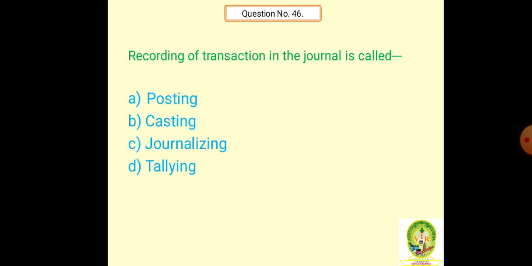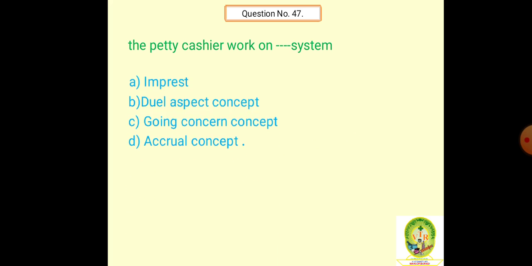Recording of transaction in the journal is called as, options are A. Posting, B. Casting, C. Journalizing, D. Tallying. Right answer is C. The petty cashier works on dash dash dash system. Options are A. Impress system, B. Dual aspect concept, C. Going concern concept, D. Actual concept.